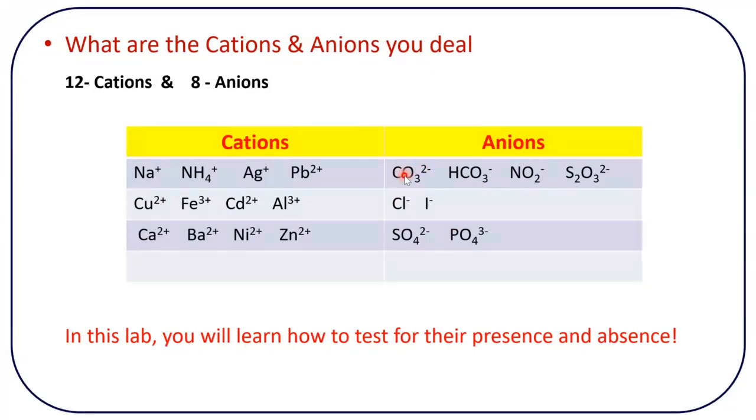The first group is the group whose anions came from weak acids. It's called the dilute HCl group, and it contains carbonate, bicarbonate, nitrite, thiosulphate. The group reagent of this one is dilute HCl.